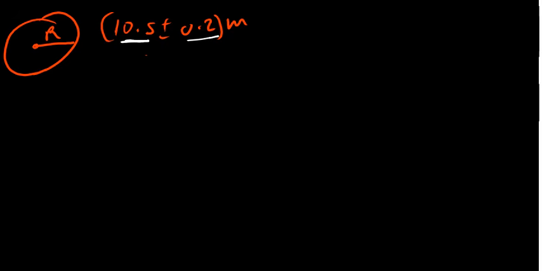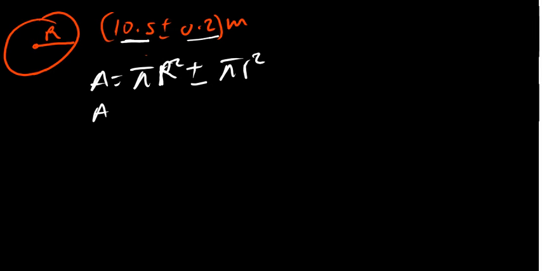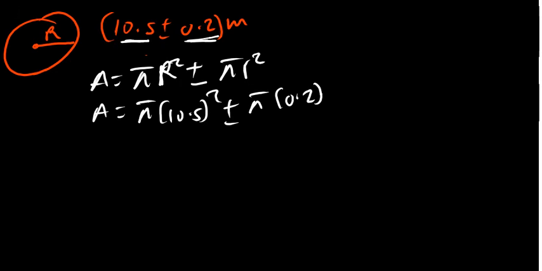So the area is going to be equal to pi r squared. So I can say capital R, then plus or minus, then again pi r squared. So area is equal to pi times 10.5 squared, plus or minus pi times 0.2 squared.